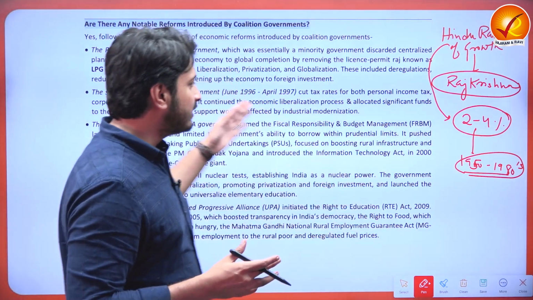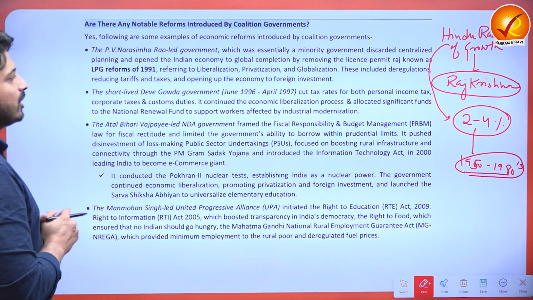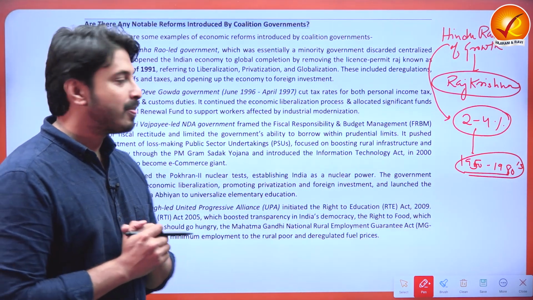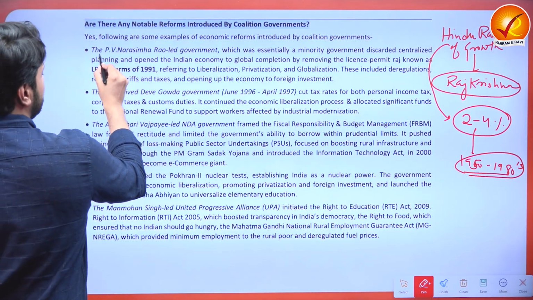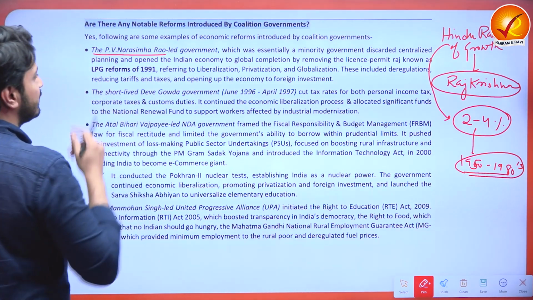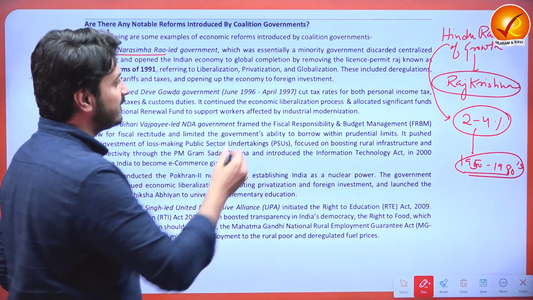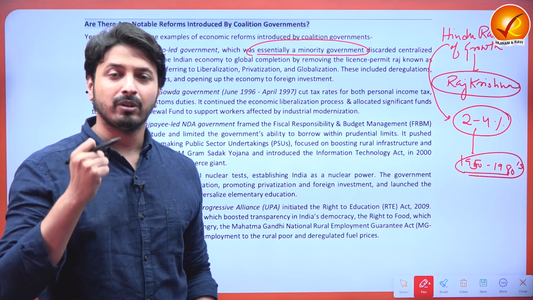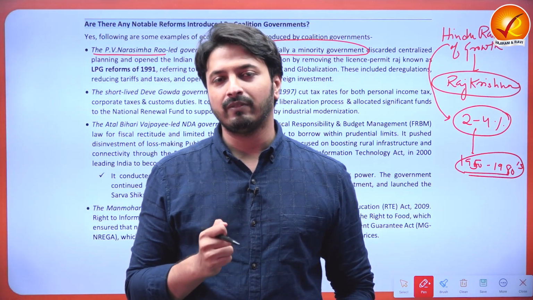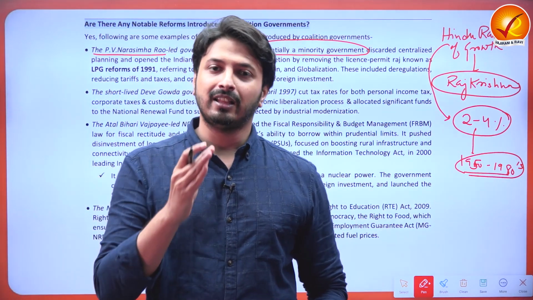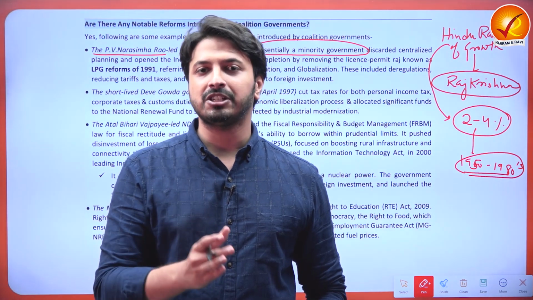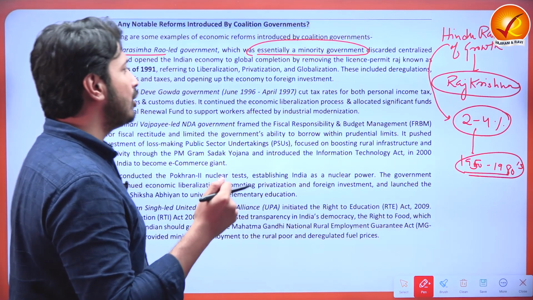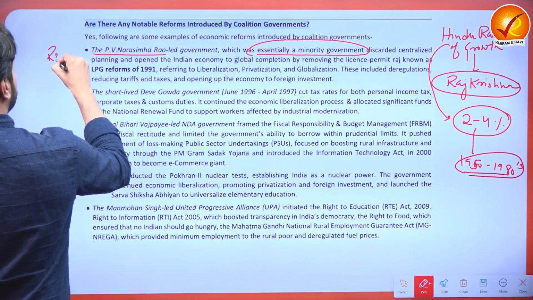However, when the Indian political landscape saw the emergence of coalition governments, especially from 1981, we need to give the credit to the government of PM PV Narasimha Rao, which was essentially a minority government, but it provided one of the most fundamental structural reforms our economy had to see, that is the liberalization, privatization and globalization reforms, which basically reduced a lot of bureaucratic red tapeism.